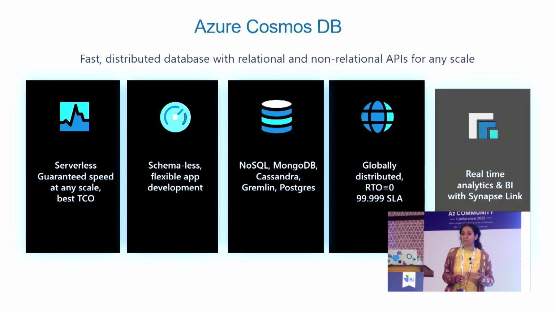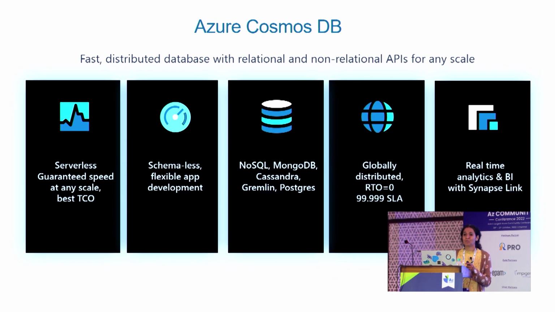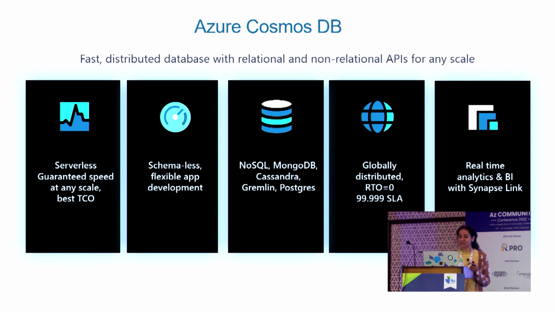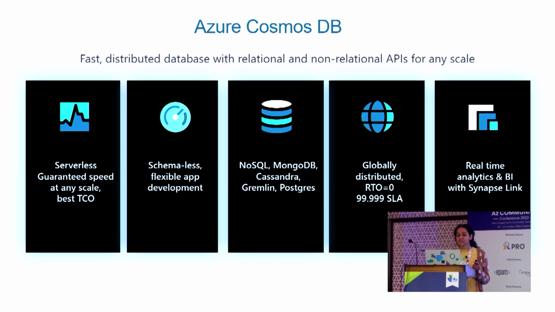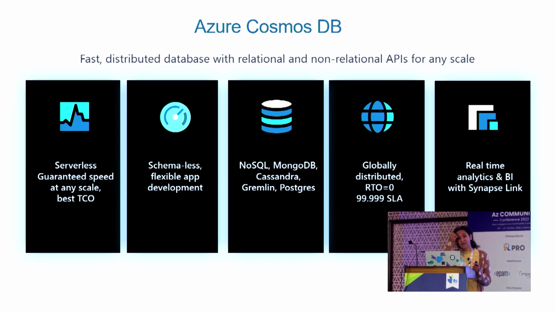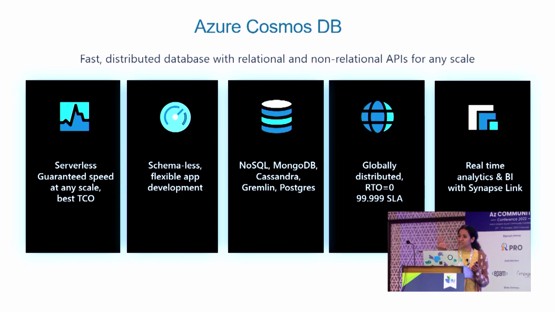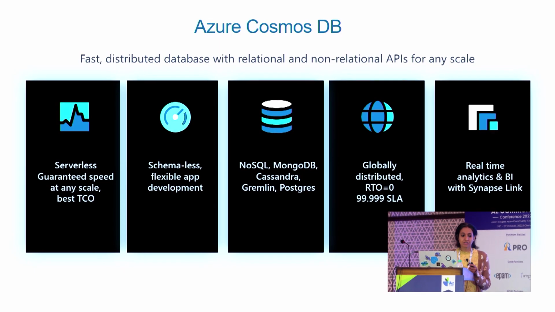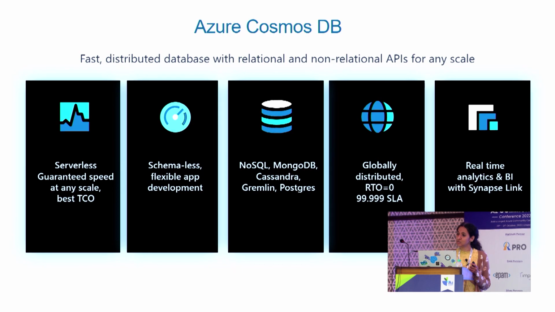Starting with what we see as the core tenets, what is Azure Cosmos DB and what is it bringing to the table? A couple of things we want to call out: it is serverless, meaning we are trying to decouple the compute and the storage, providing limitless scale. There are opportunities to optimize and make it the best possible TCO in terms of costing as well.